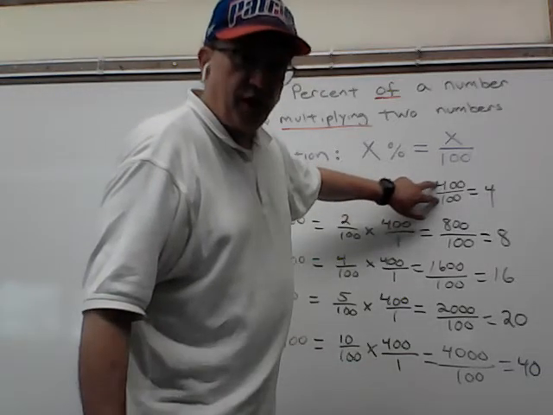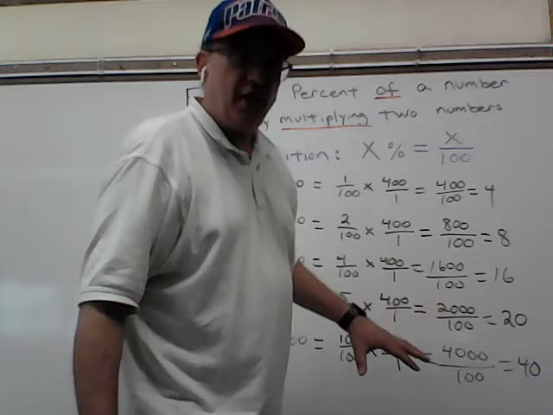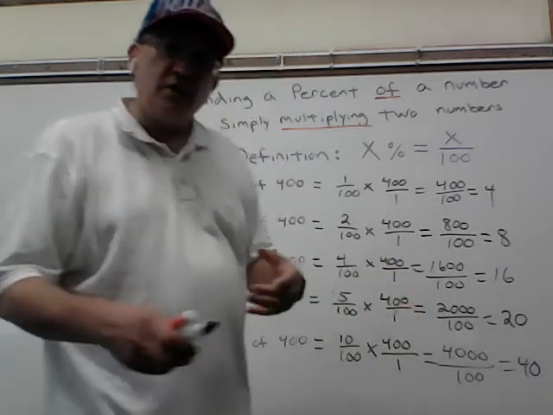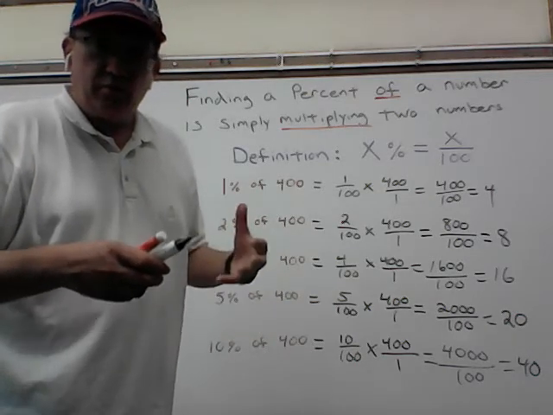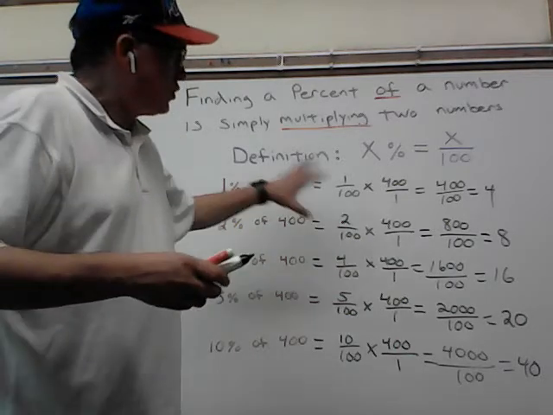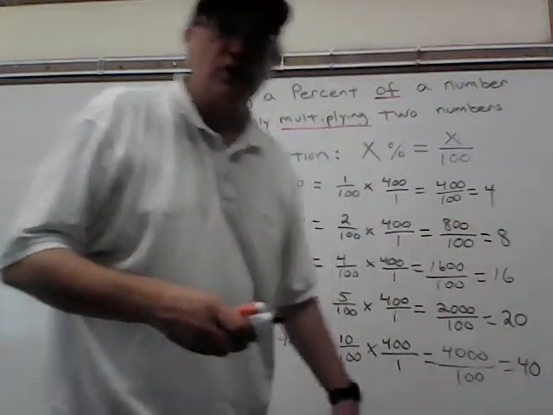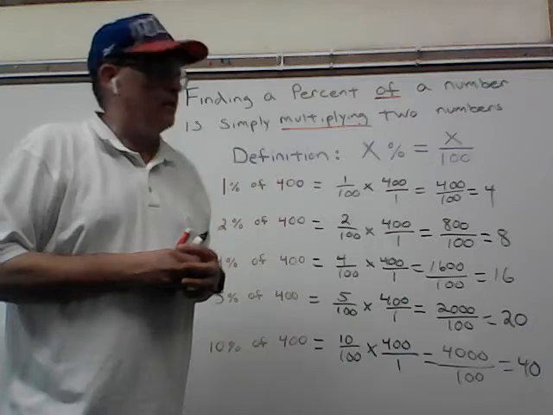Ultimately, we simplified our answer by dividing. There was a division at the end. There won't always be a division at the end to simplify the answer. When we get into some of the ones that don't work out nicely, these all work out nicely to whole numbers. The answers were whole numbers. The answers will not always be whole numbers when we find a percent of a number.